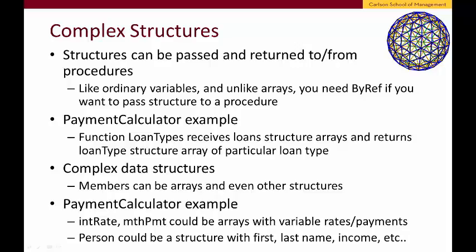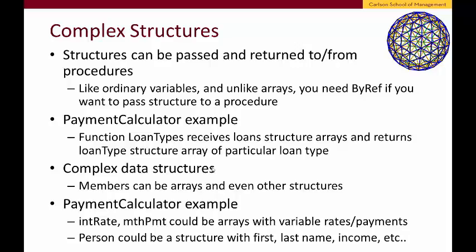We will conclude our discussion of data structures right on this slide at the bottom part of it by briefly talking about complex data structures. Okay, and noting that those complex data structures can have arrays and even other structures as their members. Okay, so instead of just a single rate and payment, for more complex variable rate loans we could have an array of interest rates and payments instead.